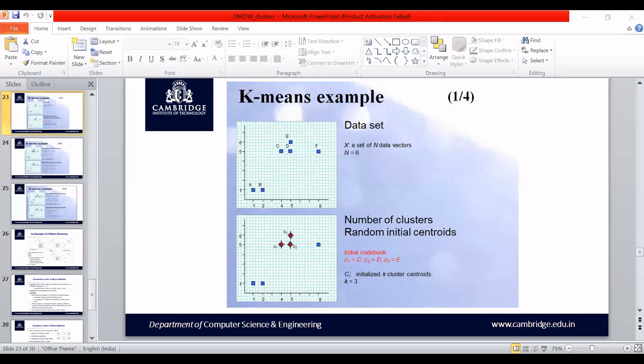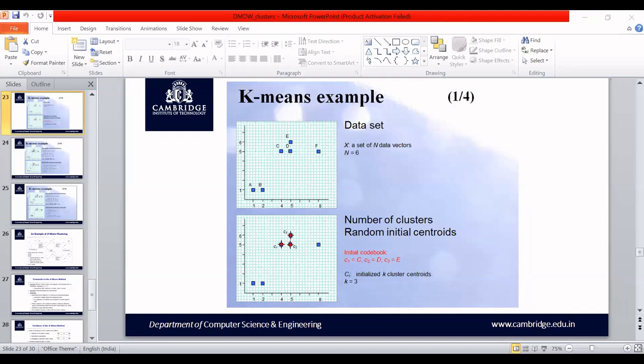Next, I will try to classify. I'm starting with 1 and 4. There are 2 groups, and these are the centroid values: 1.0, 1.0 for cluster 1 and 5.0, 7.0 for cluster 2. Now I'll take up the second value, 1.5 and 2.0, and find its Euclidean distance to each centroid.